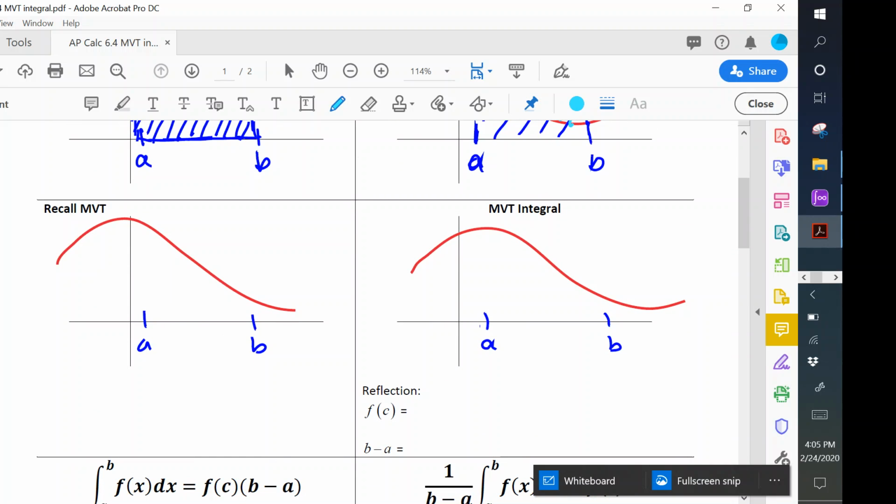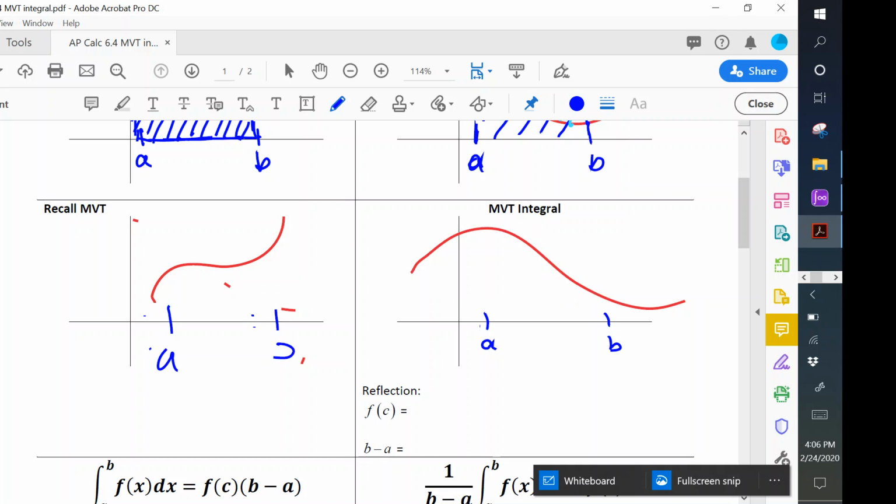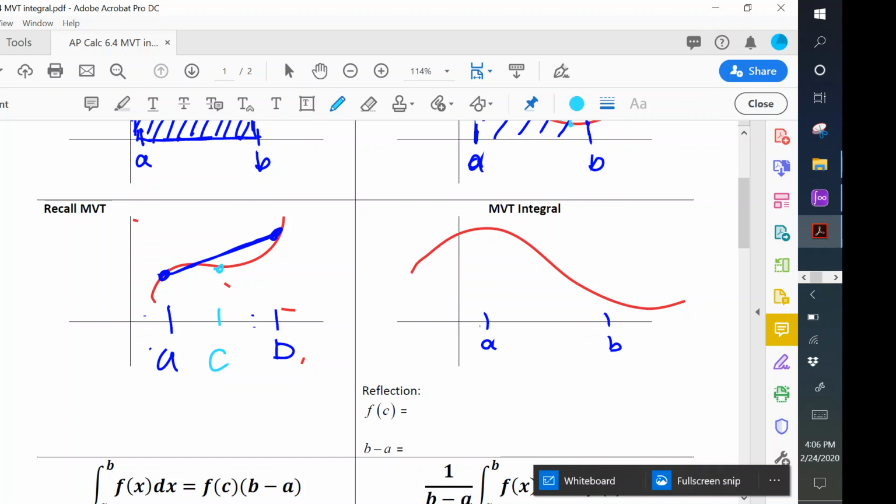What we want to recall is the mean value theorem. We learned in derivatives that if we have some function, let's make this something cubic, the mean value theorem says that I can take an interval from A to B, and if I draw the secant line, there is a value C right here that has that same point, that same average.